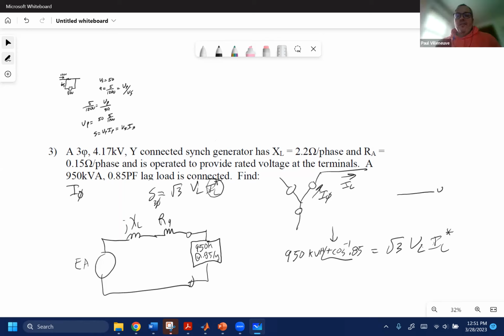Very good. This is voltage. This is current. And when I run that through my S equals VI conjugate, I end up with a positive theta. So that's a positive angle.